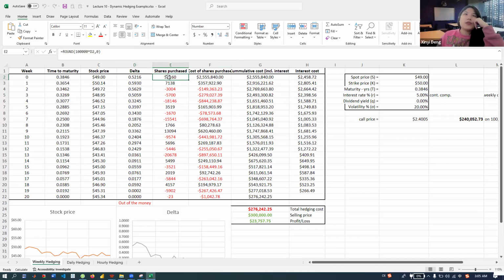And then to hedge that data from shorting the call, you would be buying the underlying, right?